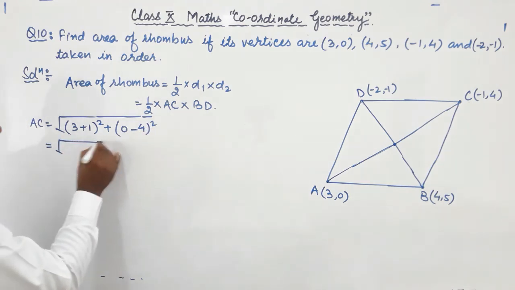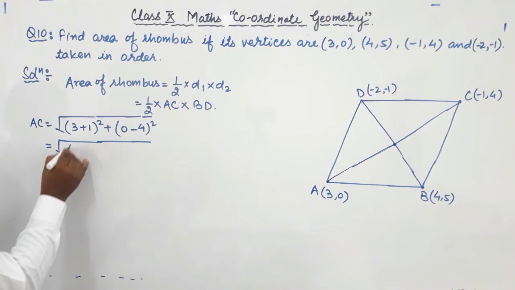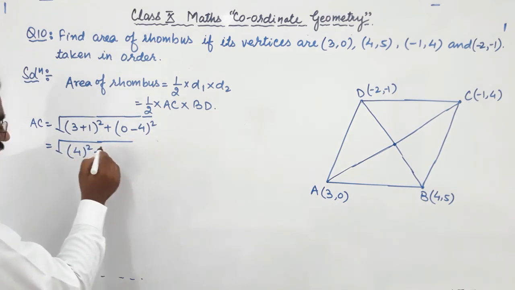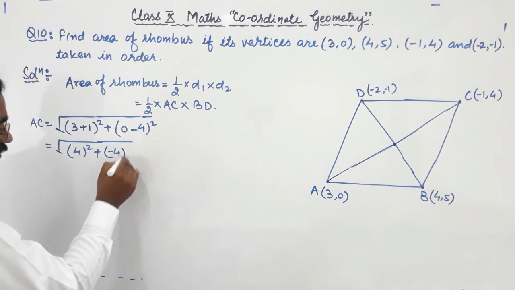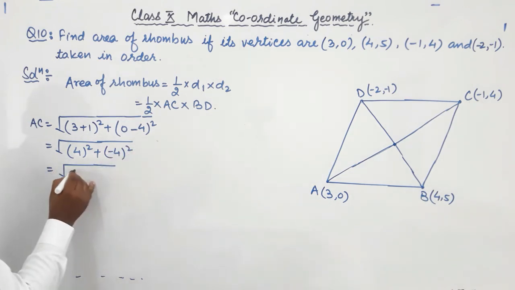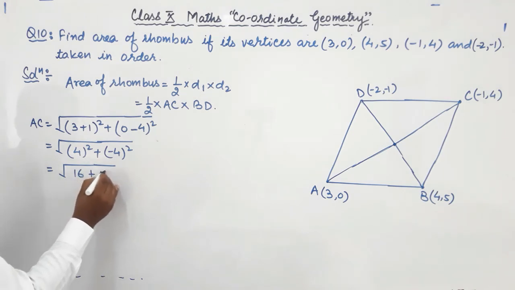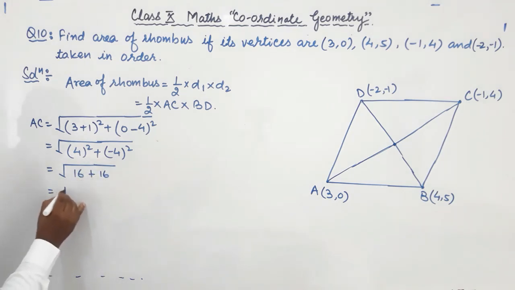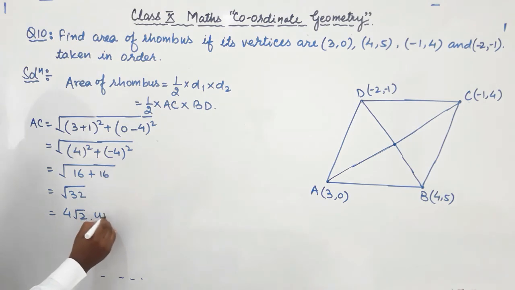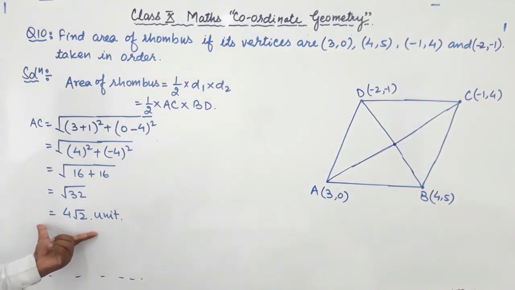After getting this, it is 4 whole square plus -4 whole square. So 4 fours are 16 plus 16, that is under root 32, and it can be written as 4 root 2 unit. This is the measure of diagonal 1.